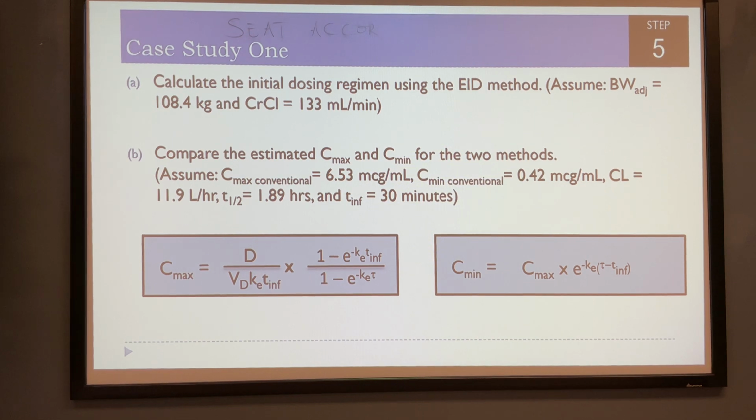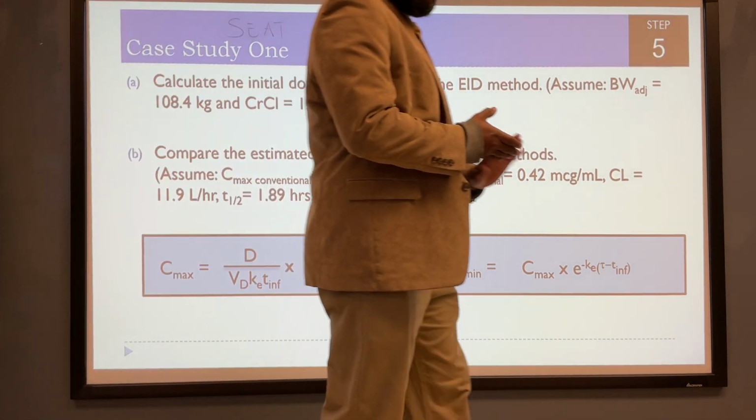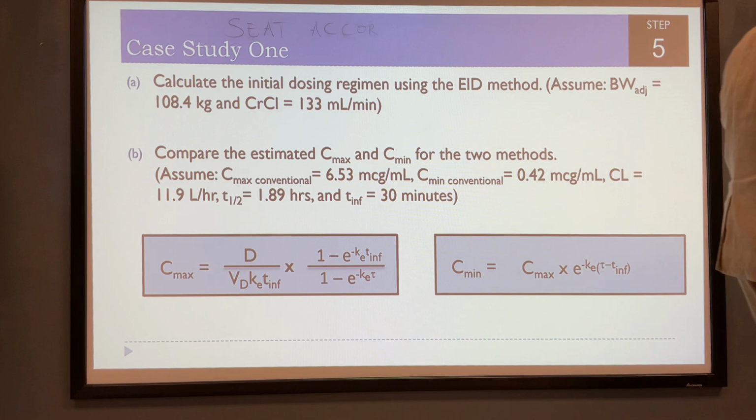It's going to be 700 or something. 760? The dose is 760? What's the dose and interval? Do we just multiply C-Max by that? No, he gave you the range, so he said this patient is going to be 7, so 7 times the body weight. It's 7 milligrams per kilo.